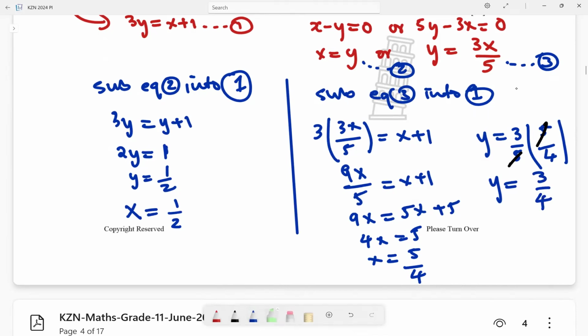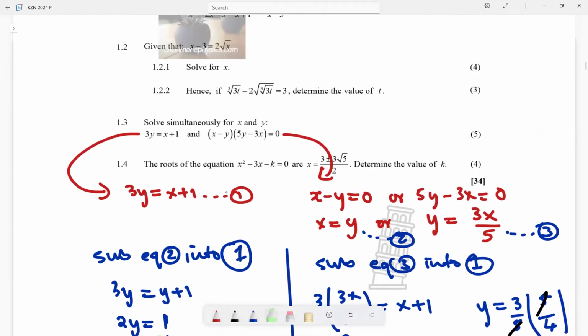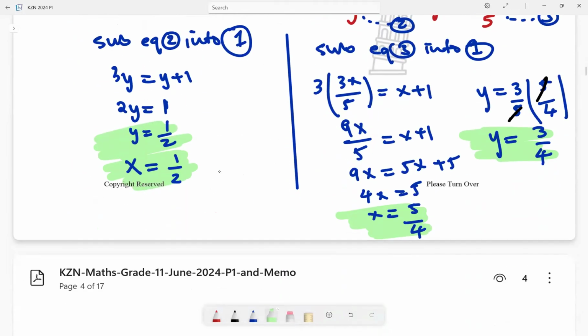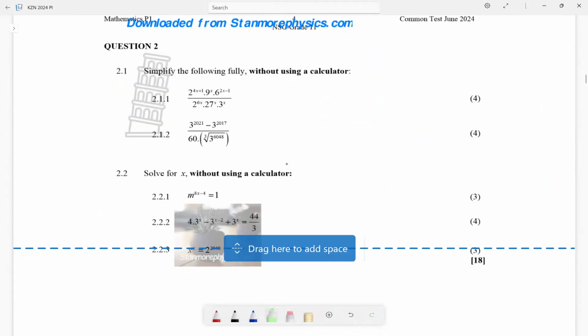So here are your x and your y. Hopefully the examiner will never give you something like that. Hope you understood that.